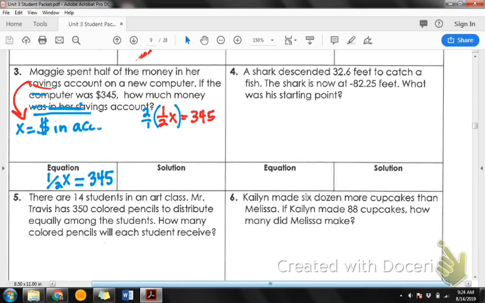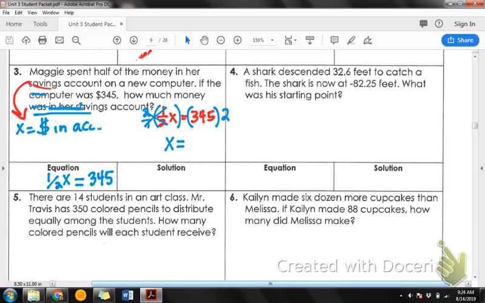When you have a fraction, you can multiply by the reciprocal. When you do that, you make this number just become a 1, which is what we wanted, meaning X is by itself. But whatever you do on one side, you have to do on the other side. So we're going to multiply this side by 2. And if you multiply it by 2 over 1, it's not going to change. So we can just multiply it by 2.